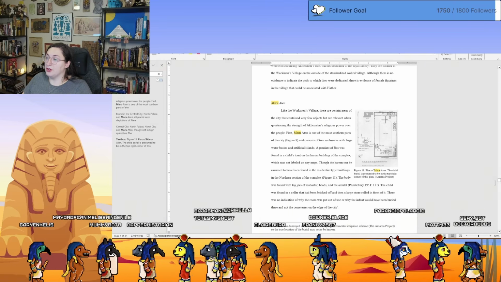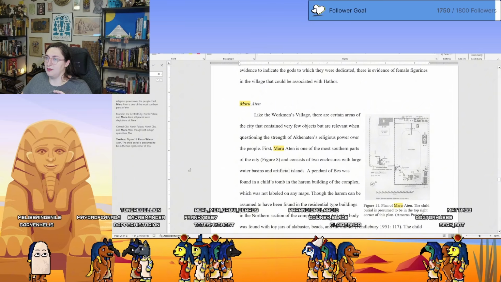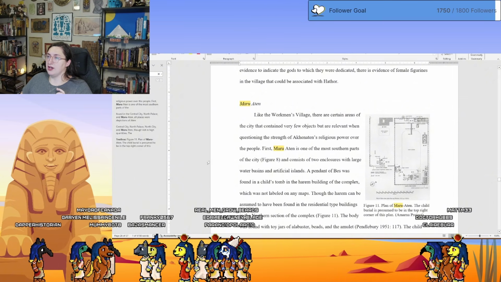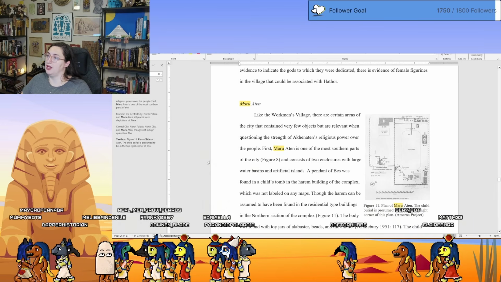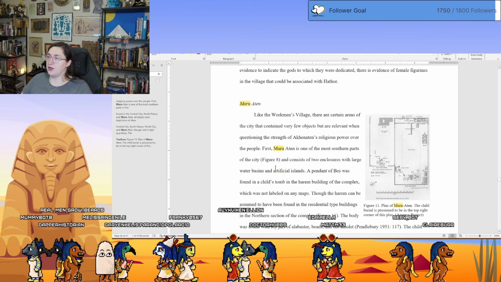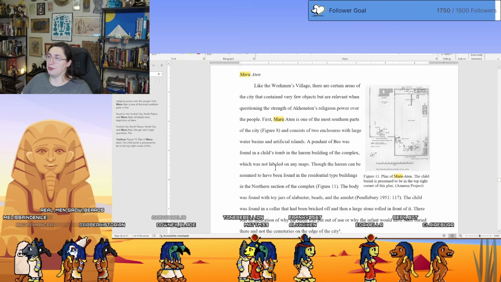I'm gonna read my paper, but I wrote this so long ago, but let's just see. Like the workman's village, there are certain areas of the city that contain very few objects but are relevant when questioning the strength of Akhenaten's religious power over the people. First, Maroatan is one of the most southern parts of the city and consists of 2 enclosure walls with large water basins and artificial islands.